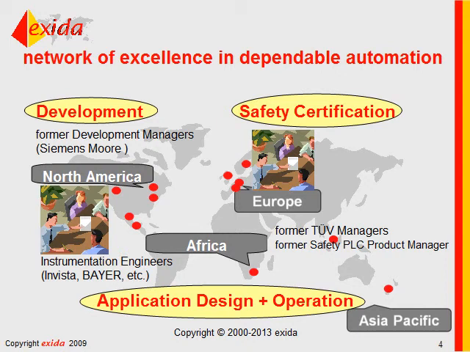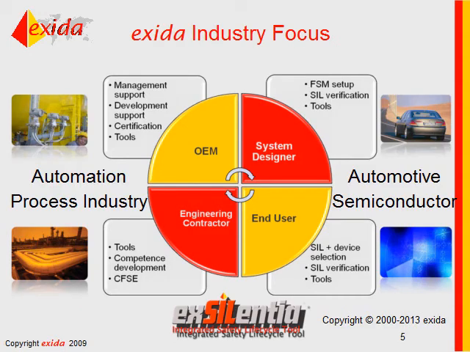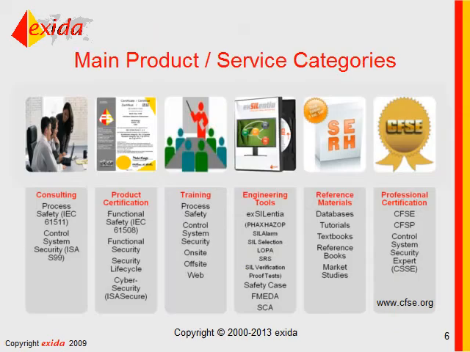We have people with safety certification experience, and we have a lot of people with application systems level design and operational experience. exida spends a lot of its time in industries that value reliability and functional safety. I spend most of my time in the automation and process industries. Many of our other people spend time in automotive and semiconductor and actually several other industries.